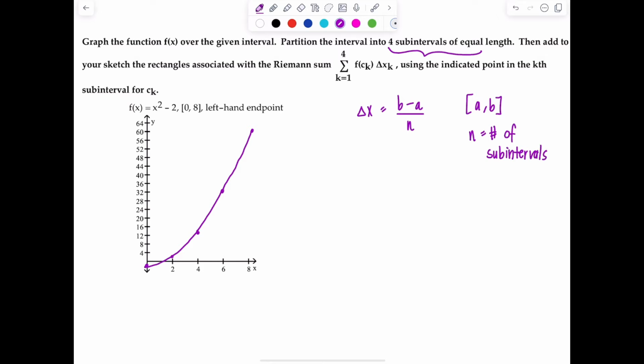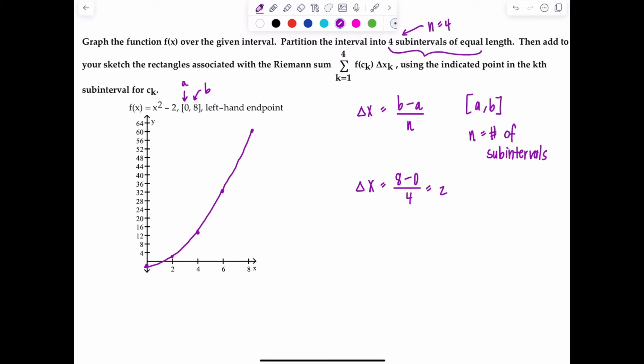Well, they just told me in the problem we have 4 subintervals, so that means n is 4. And I have a and b right here. Do you see them? There's a, there's b. Cool. So delta x equals, B minus a, 8 minus 0 over 4, which equals 2.